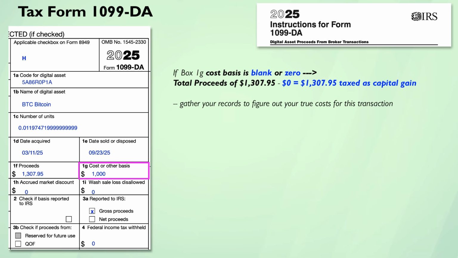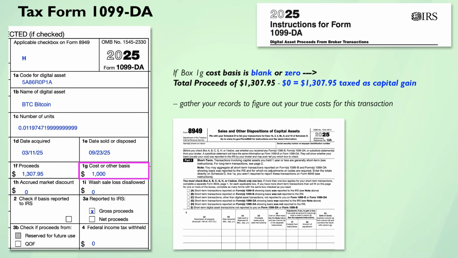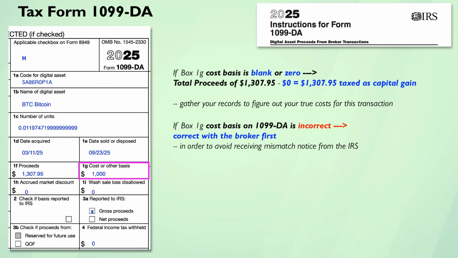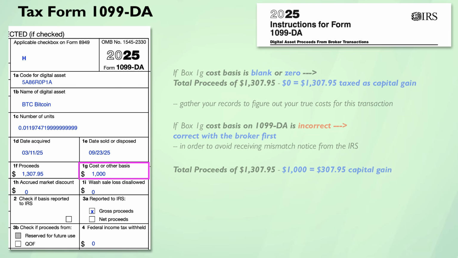You should correct it with your broker if possible, or properly report it on Form 8949. If a cost basis is listed but incorrect, contact your broker first to avoid IRS mismatch notices later. In this example, Luca's cost basis is listed as $1,000.